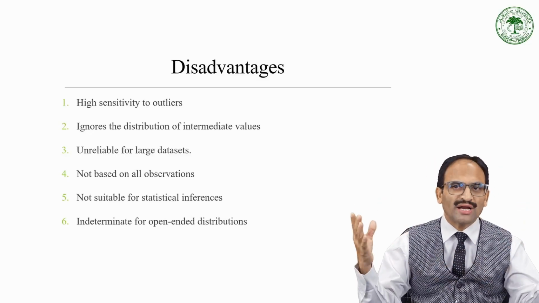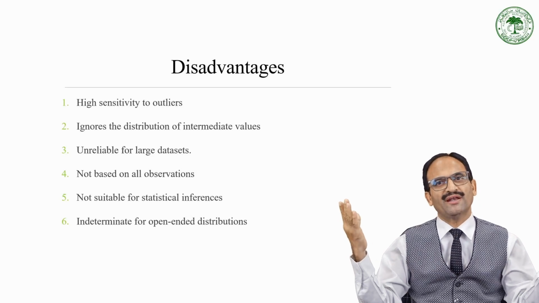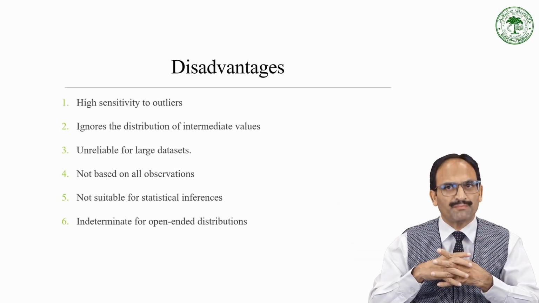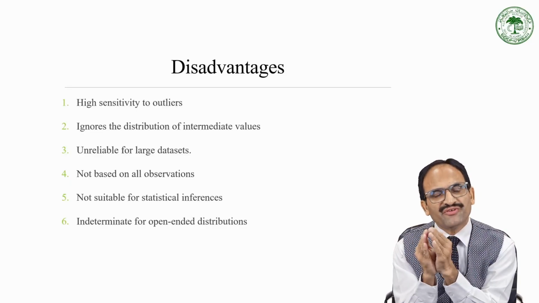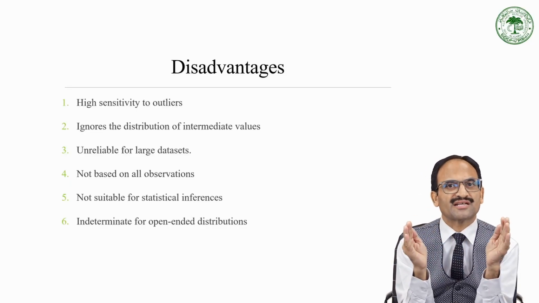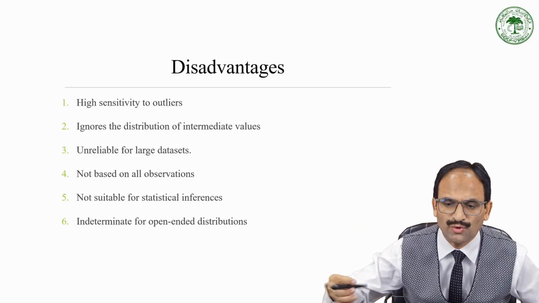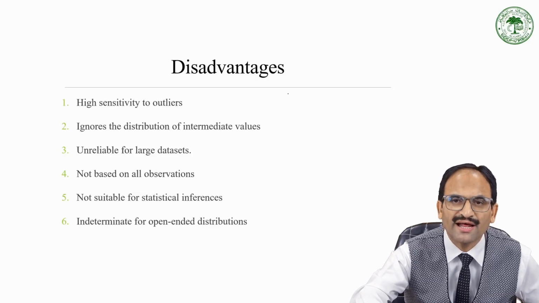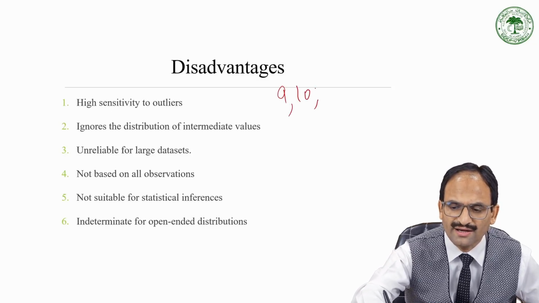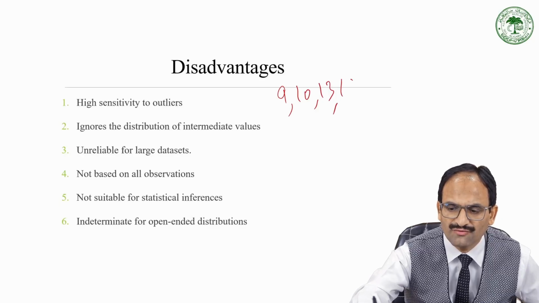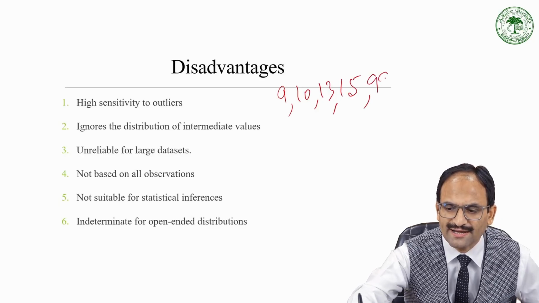And what are the outliers? Already I have spoken. Outliers are those numbers which are very much different from the main data set. For example, suppose there are 5 numbers: 9, 10, 13, 15 and 99.